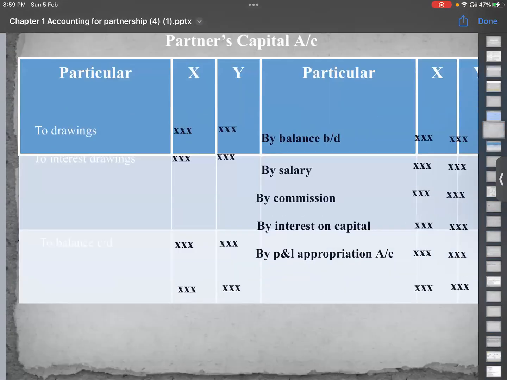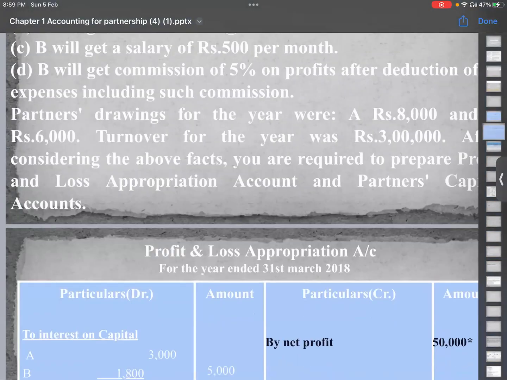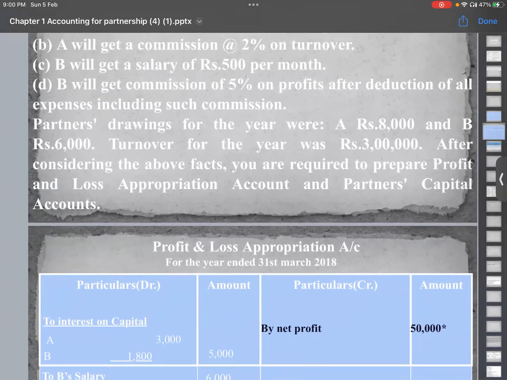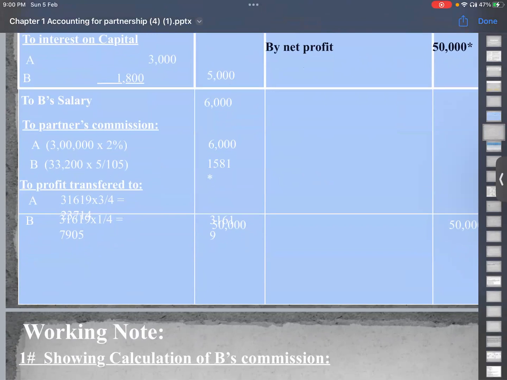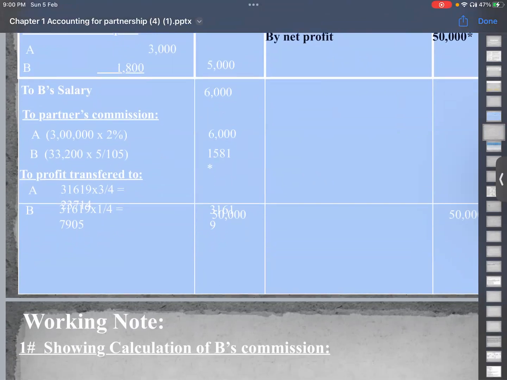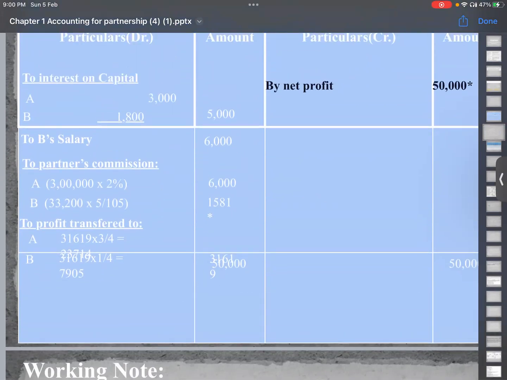Tell me the value of the divisible profit in this question. See, in this question, divisible profit will be 31,619.